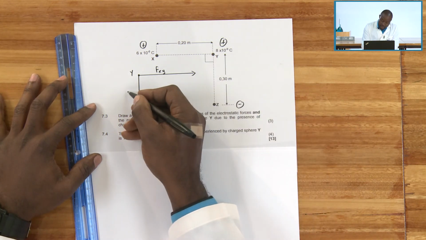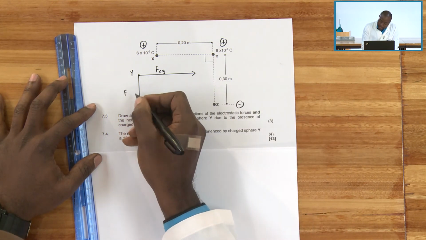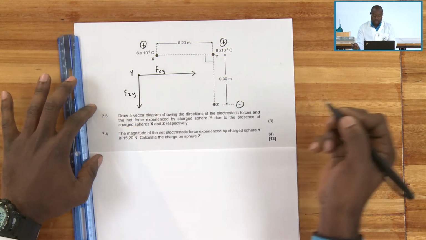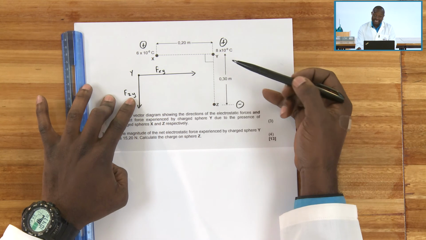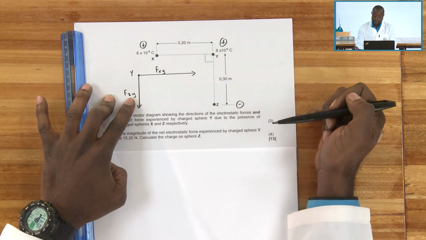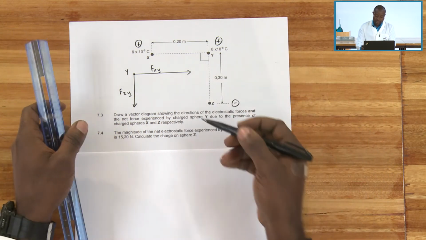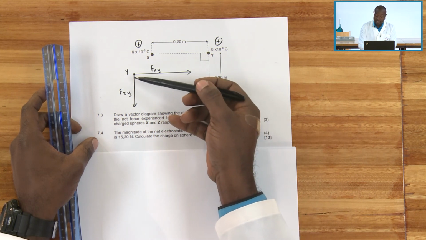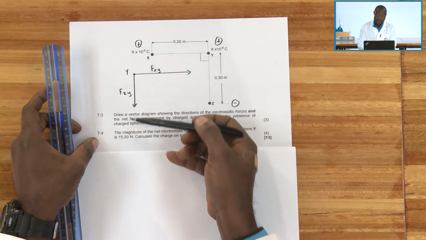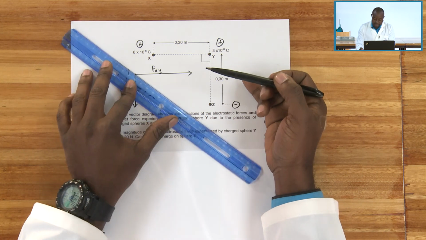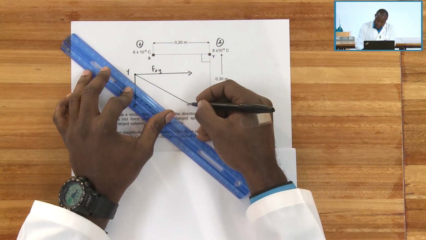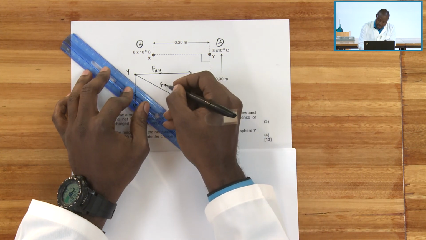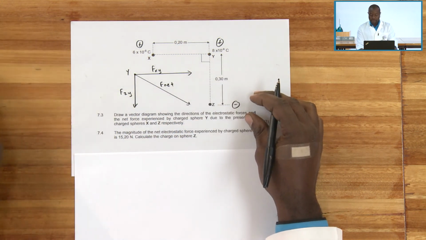And we are going to call this FZY because that is the force that Y is experiencing as a result of the charge on Z. So once we have done that, we can describe this as our X component and this as our Y component. Our resultant, which is our F net, is going to come there.